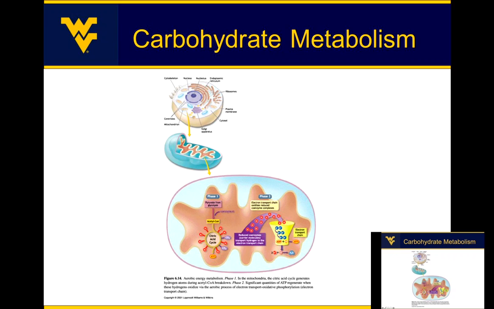And I love the way the artist shows this. Why? Because all of these hydrogens are taken to the top of this cylinder in this picture, which is the electron transport, because hydrogens have electrons on them. And through the process of it just spinning down through here, that's where almost all ATP comes from.